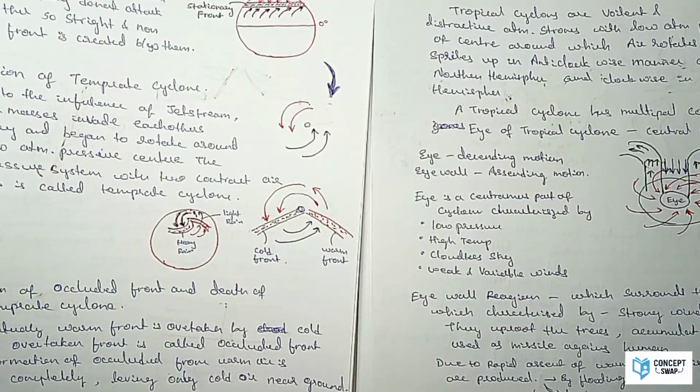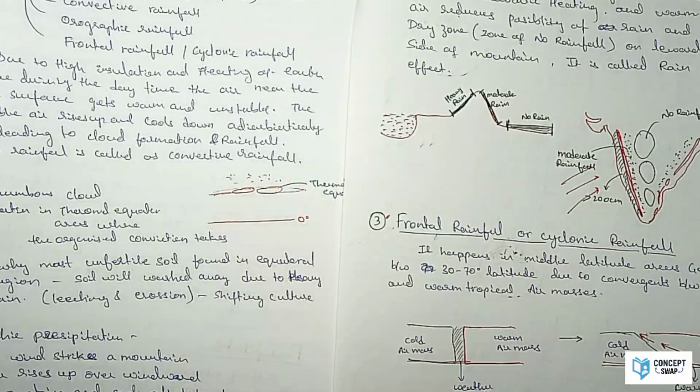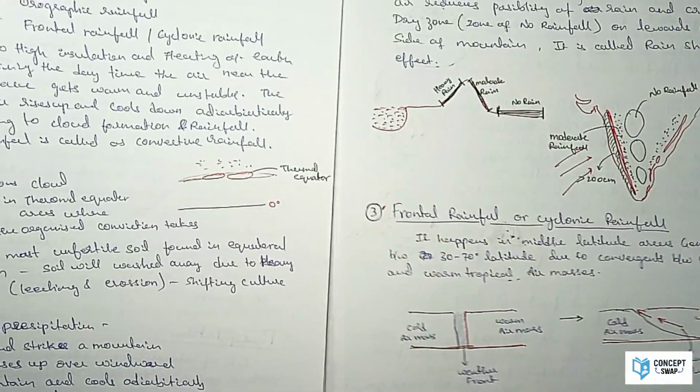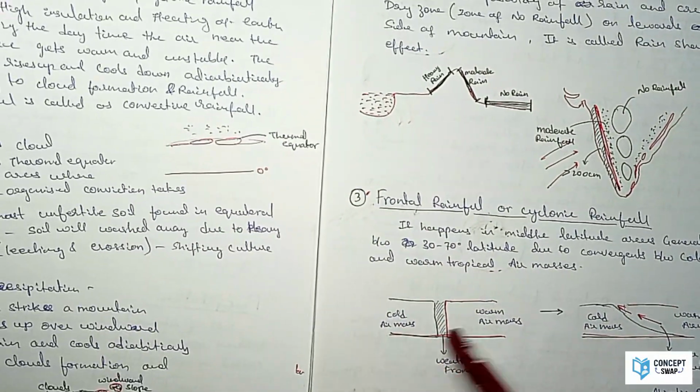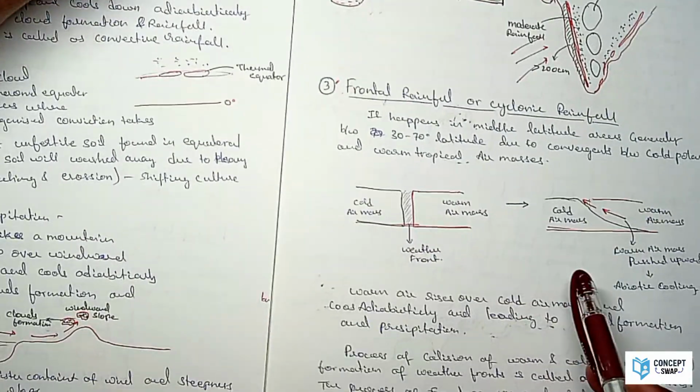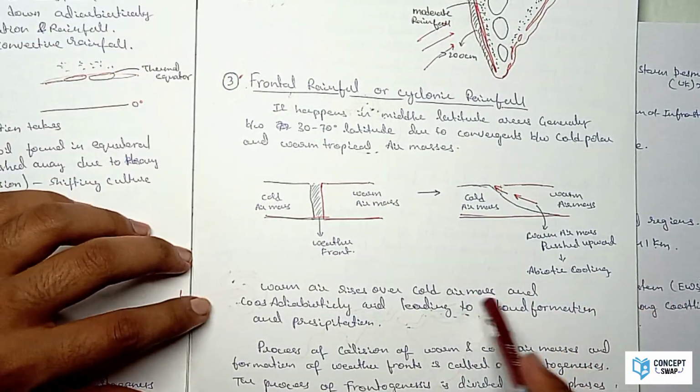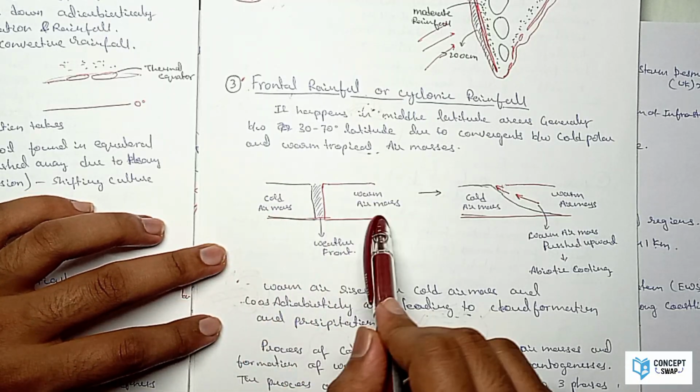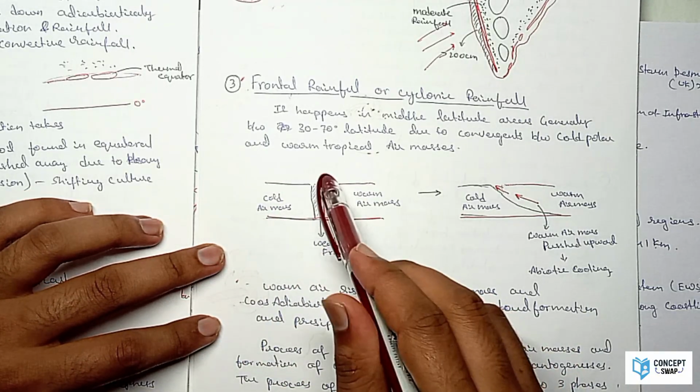Okay, yeah. See, frontal, like the temperate cyclone, is formed by cold and warm fronts. Wait a minute. Okay, now you can see. Between cold air masses and warm air masses, the weather front will be formed.